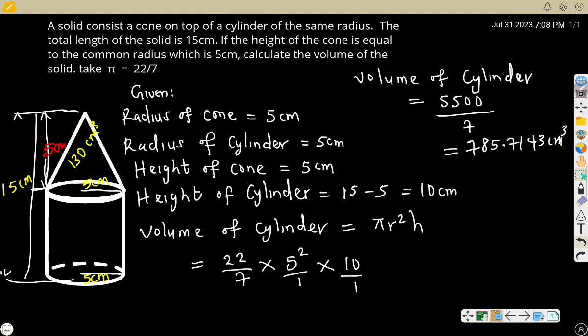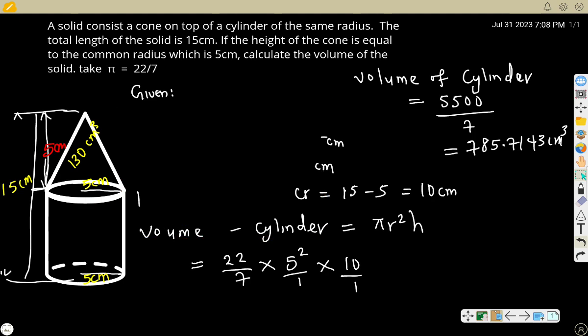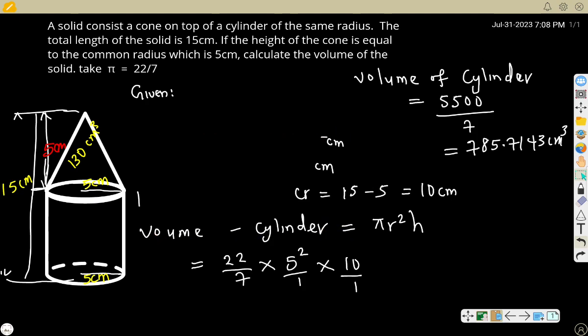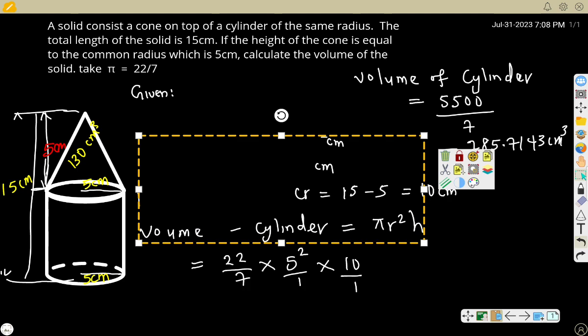So now for the total volume, you will add the volume of the cone and the volume of the cylinder. That's all.